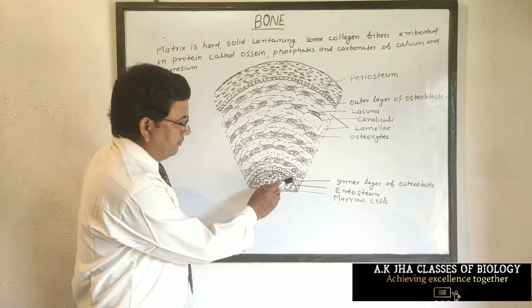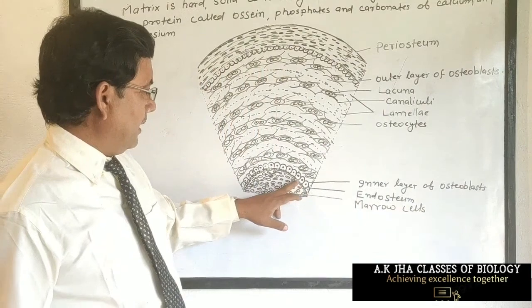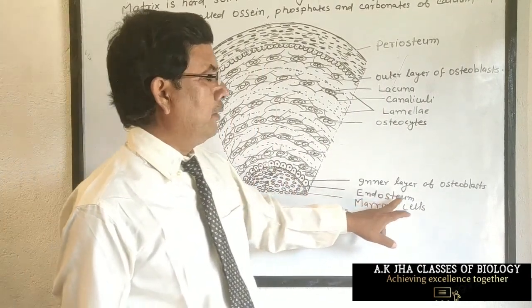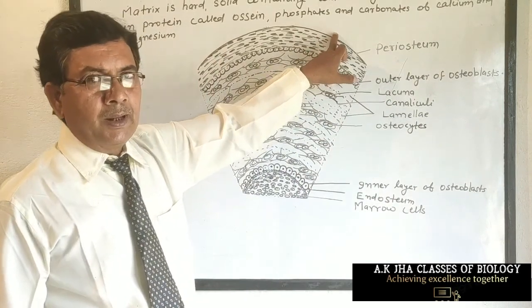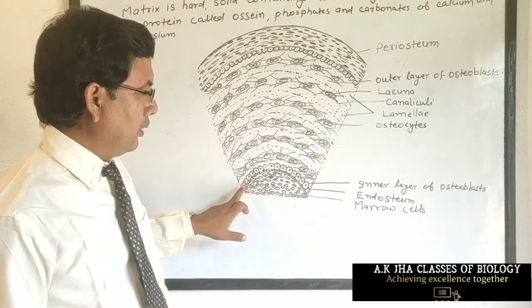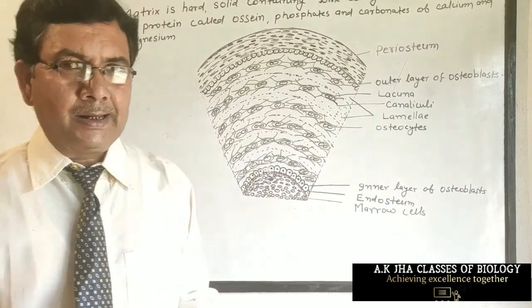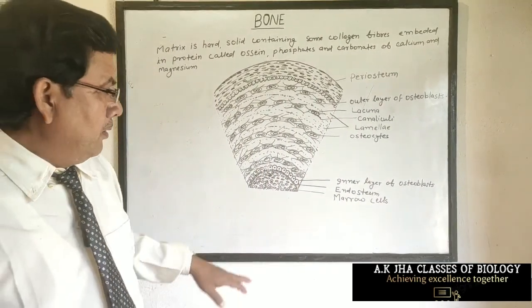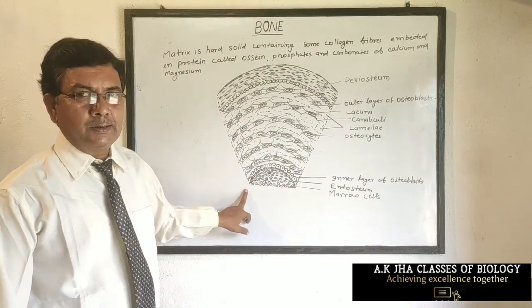Below the inner layer of osteoblasts, there is another layer of cells which is called endosteum. The outer layer is periosteum and the inner layer is endosteum. This endosteum covers a central canal which is filled with marrow cells, that is bone marrow.